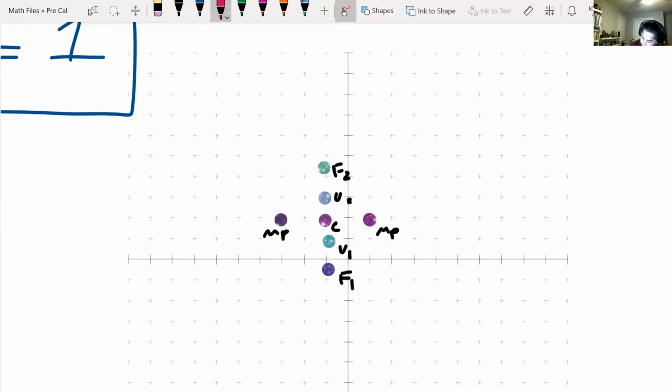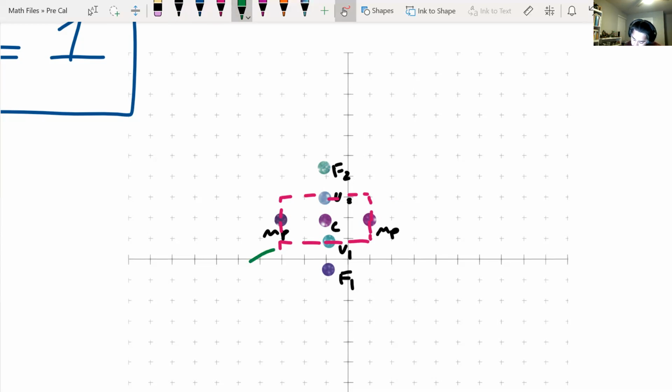Fundamental rectangle, minor vertices. And then that's 1, 2, 1, 2. And then I'll just draw my asymptotes.